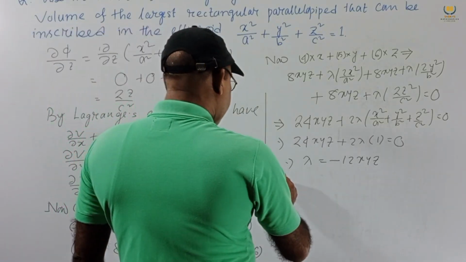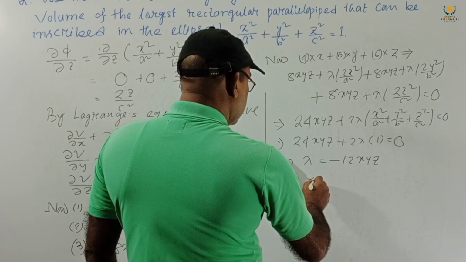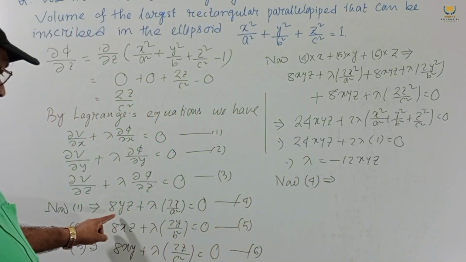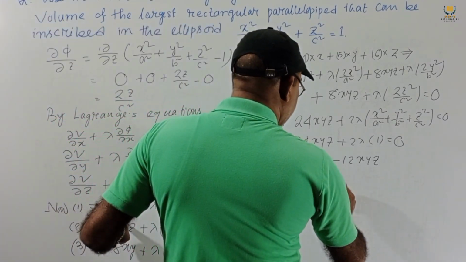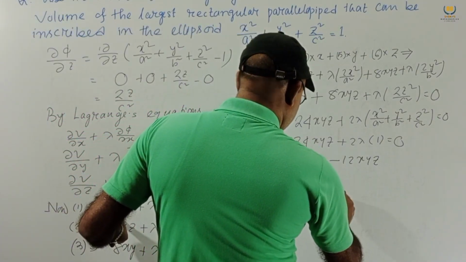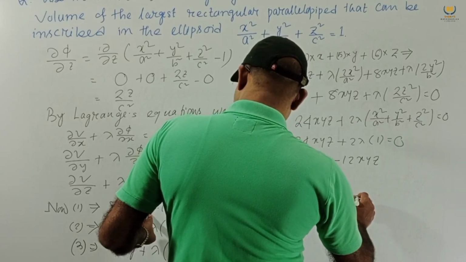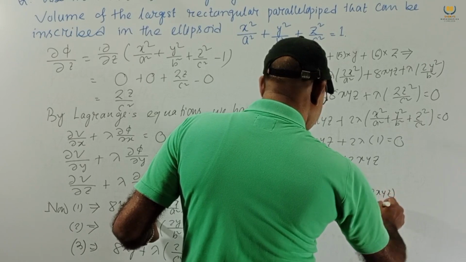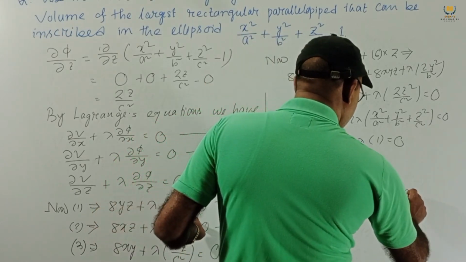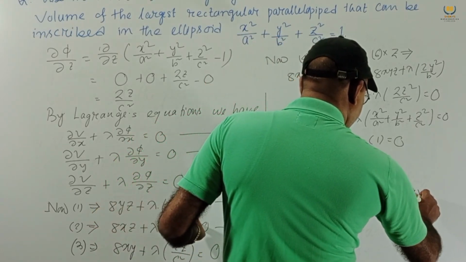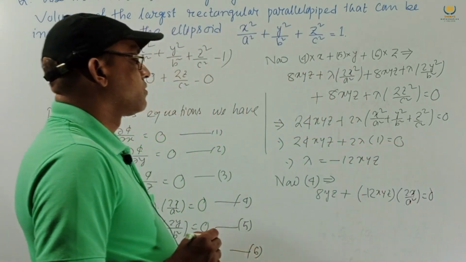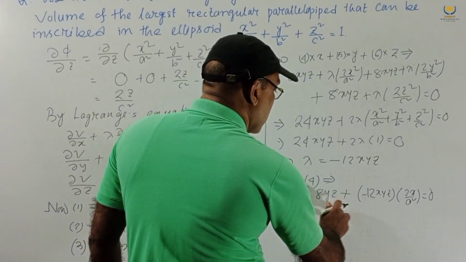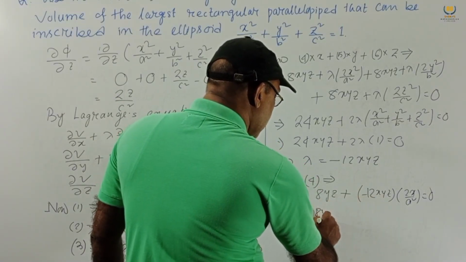Now 4 implies, putting the value of lambda in equation number 4, we get 8yz plus lambda, which is minus 12xyz, into twice x by a square equal to 0. We get this. And from these two terms, 8yz is common.